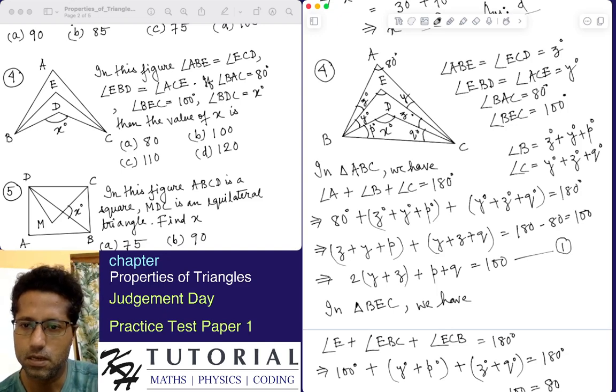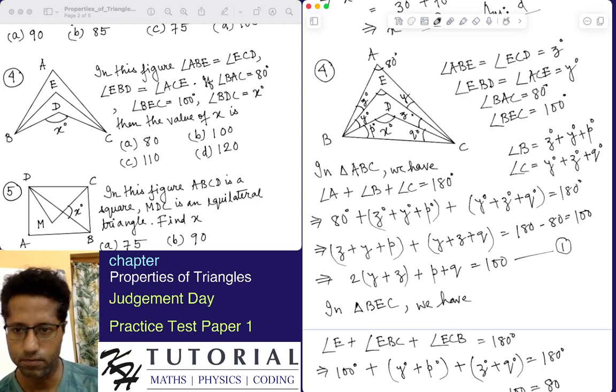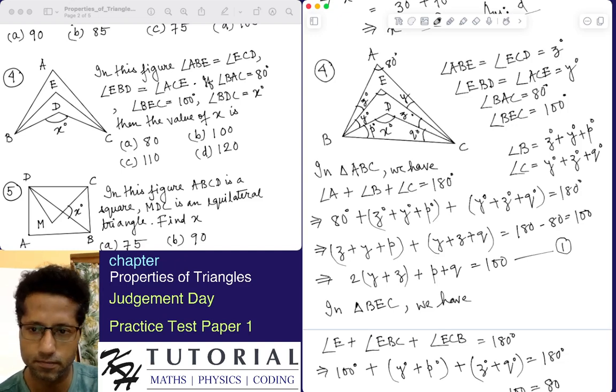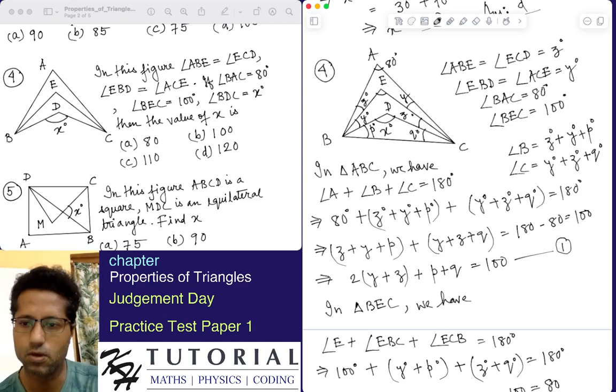This means Z plus Y plus P plus Y plus Z plus Q equals 180 minus 80, that is 100. After simplifying this, we get 2 into Y plus Z plus P plus Q equals 100.